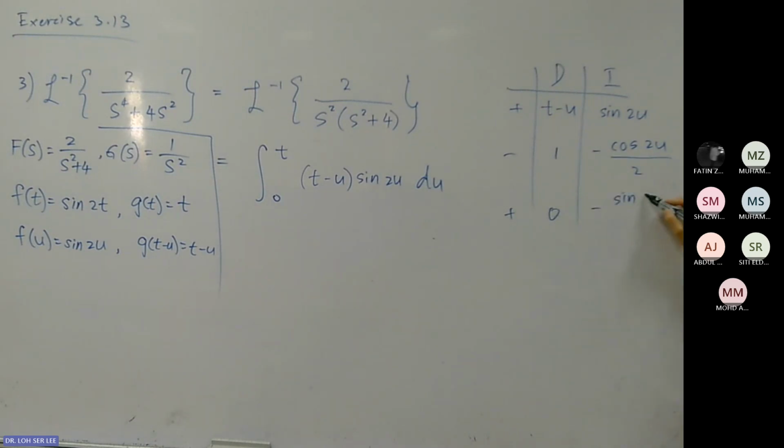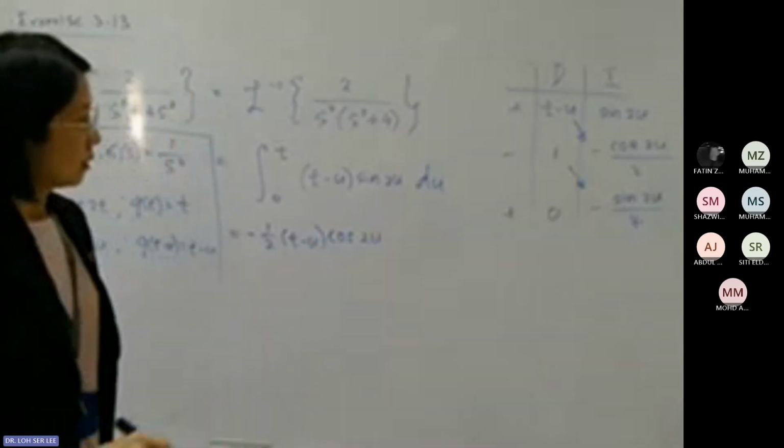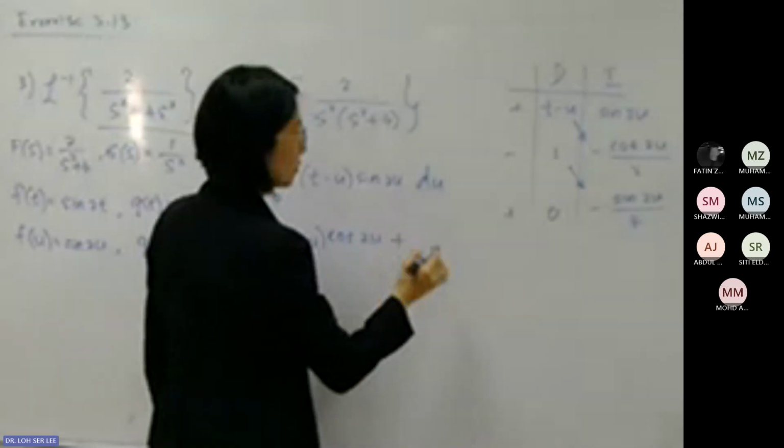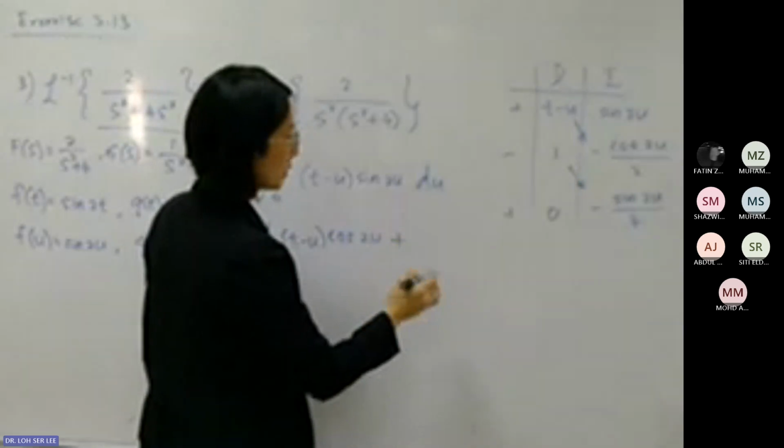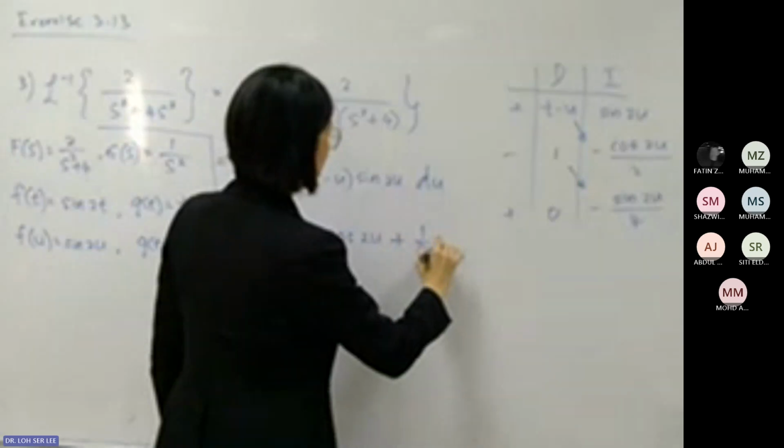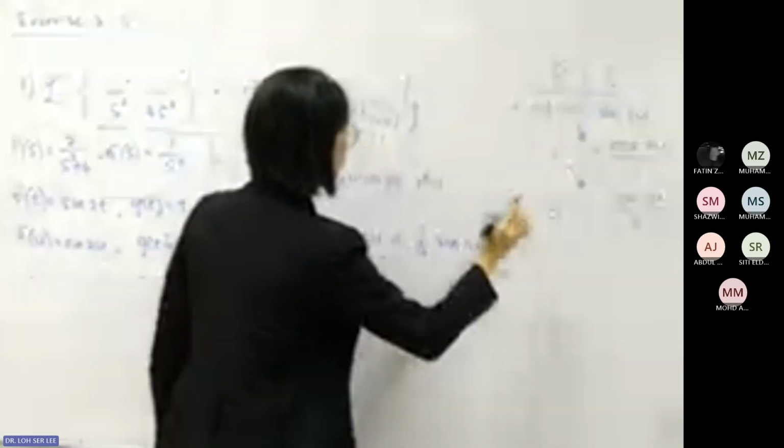One more time, you get negative sine 2u over 4. So negative half, then plus 1 over 4 sine 2u.